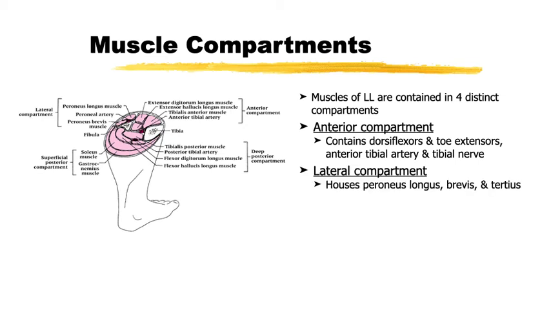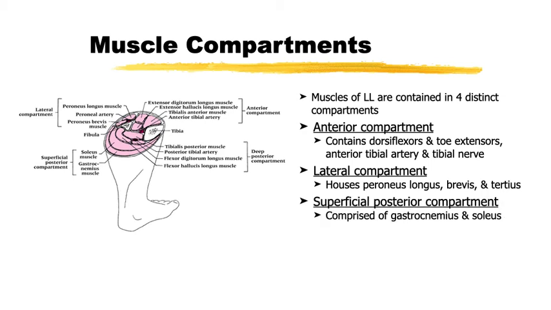Then we have the lateral compartment. This has the peroneus longus, brevis, and tertius muscles. The superficial posterior compartment, superficial meaning closer to the skin, is made up of the gastrocnemius and the soleus muscles.